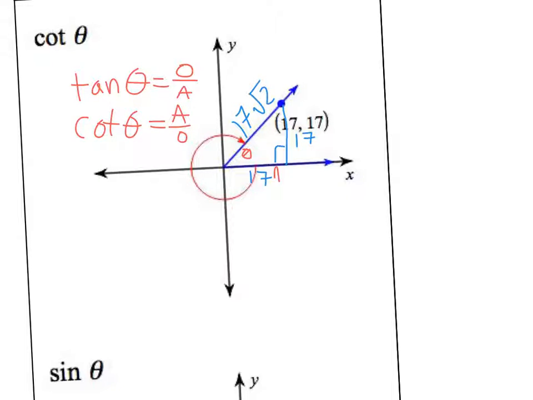Here, that's my adjacent, that's my opposite. I also notice that's my x and that's my y. So this is really saying x over y, and when I divide those two, I get 1. Cotangent of theta is equal to 17 over 17, which is just 1.